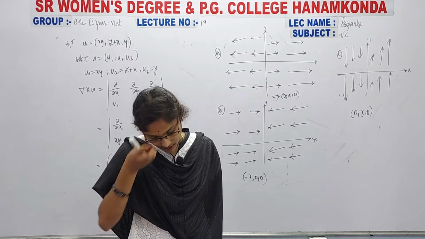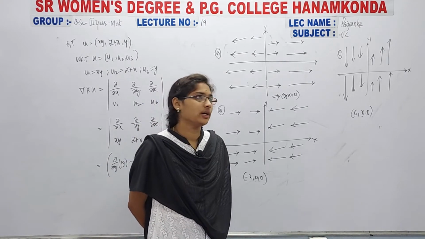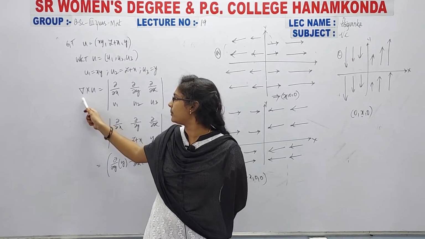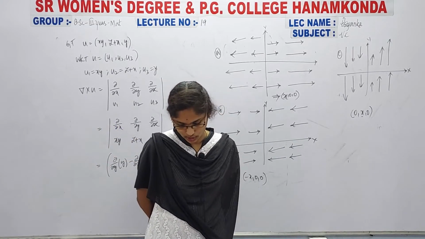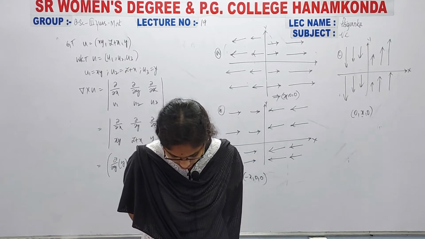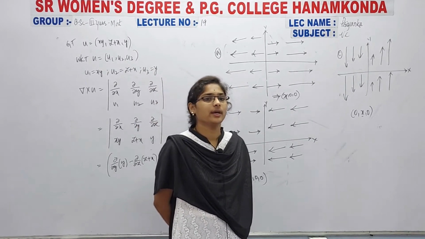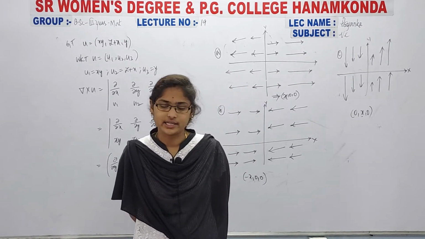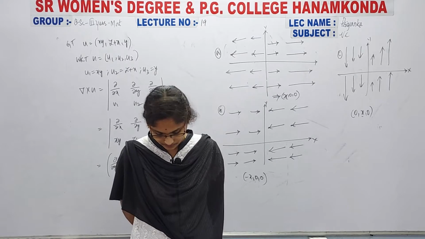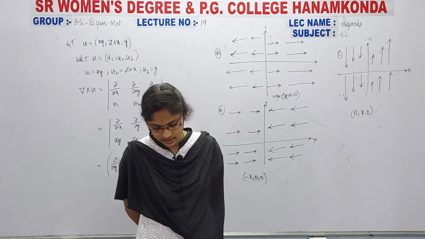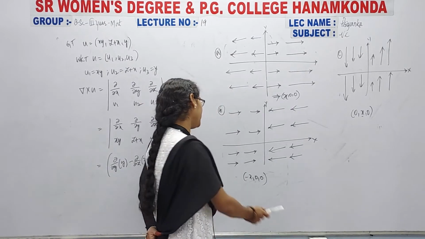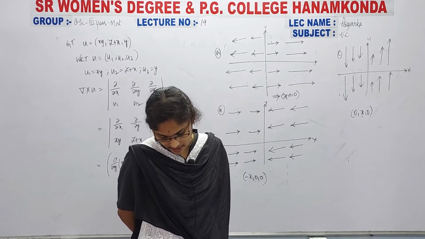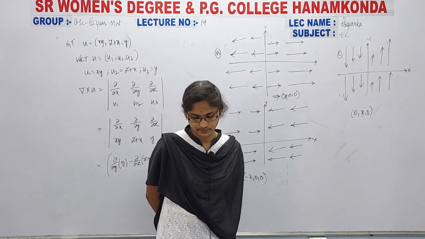Next line, a vector field u for which curl, del cross u, is equal to 0 is said to be an irrotational vector field. Next, similarly, the second one, v equal to minus x comma 0 comma 0, is also irrotational.